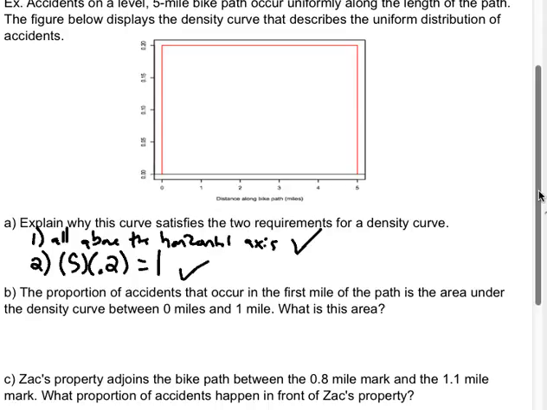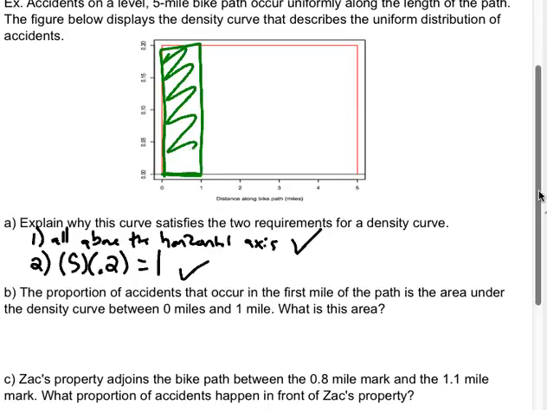So, the proportion of accidents that occur in the first mile is the area under the density curve between 0 and 1. So the area is representing the proportion of the data that belongs in that region. Here, for this question, it's saying between 0 and 1 miles.